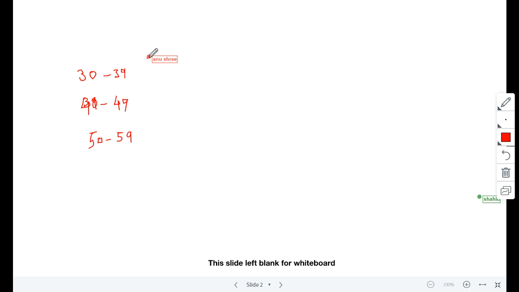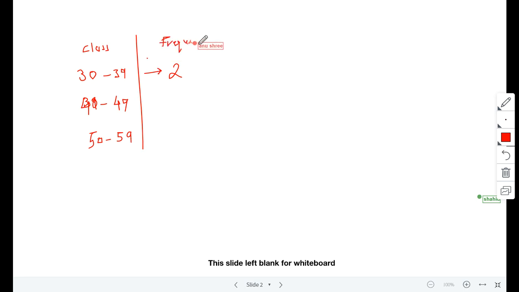So 30, and then 35, it's already crossed on the sheet here. Maybe someone forgot to take it off. Okay, so this is really easy then. There are two numbers between 30 to 39, so you write two. If you are making a table, you give a heading class interval, and here you write frequency.